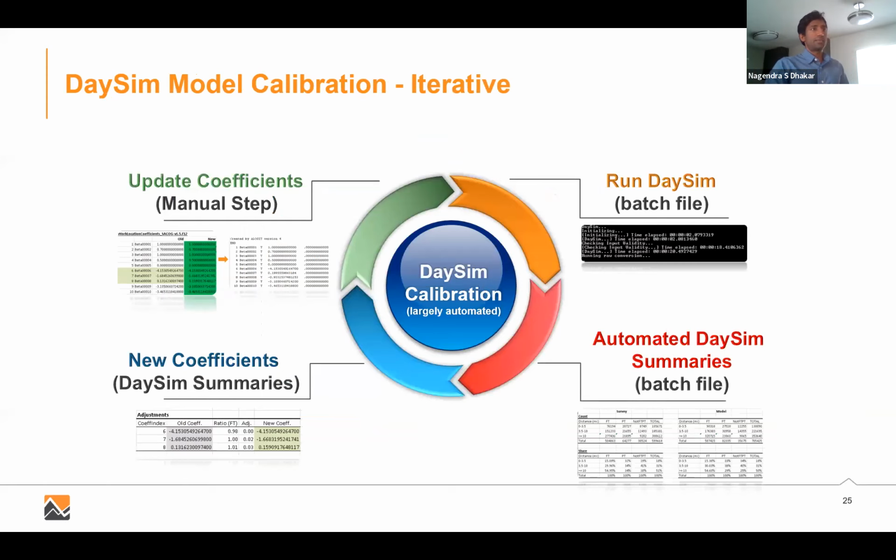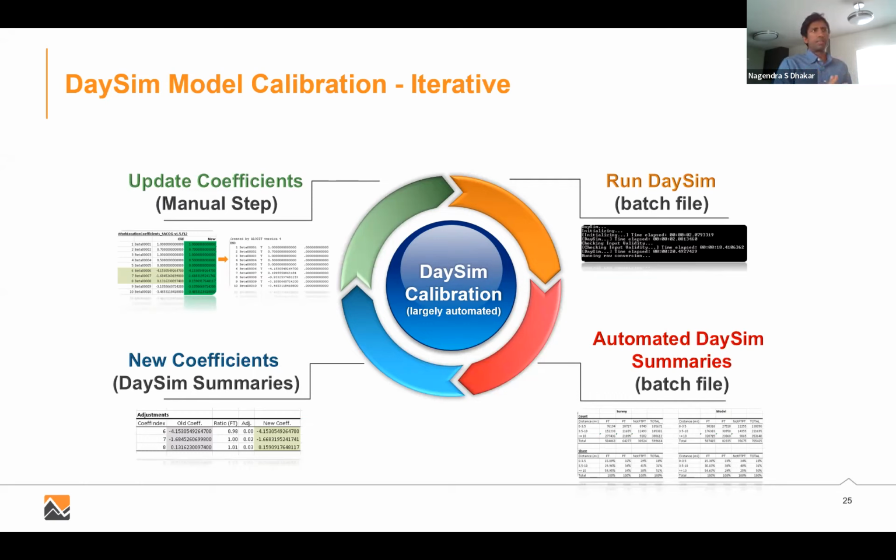So with that, I want to describe the typical model calibration process we have in-house that we have created. It's not entirely automated, it's largely automated. That means most of the steps are automated, but there are still 1 or 2 steps which require manual intervention.